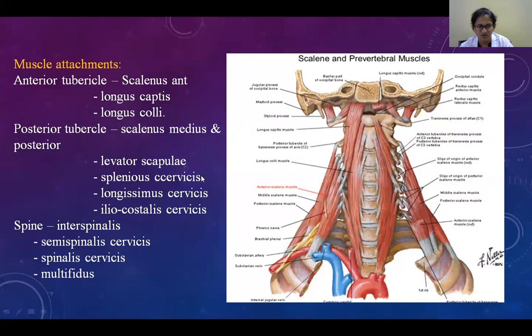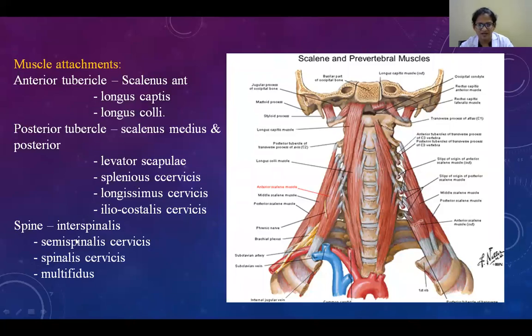Along with that, you see the attachments of levator scapulae, splenius cervicis, longissimus cervicis, and iliocostalis cervicis. All these muscles are attached to the posterior tubercle of the transverse process. And next, coming to the spine.